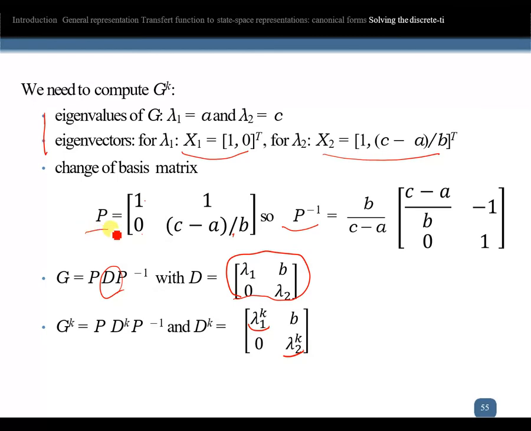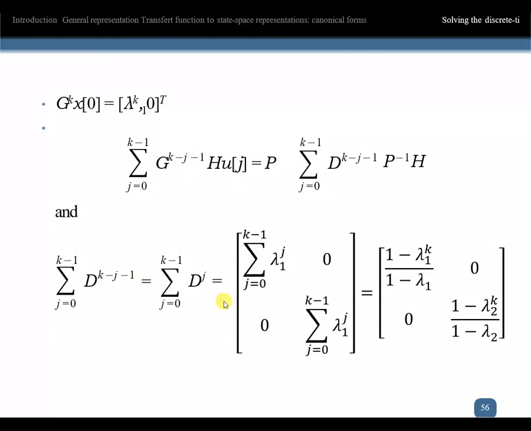You find P first, then you can find G. G becomes PDP^-1, and G^k becomes PD^kP^-1, where D needs the eigenvalues.